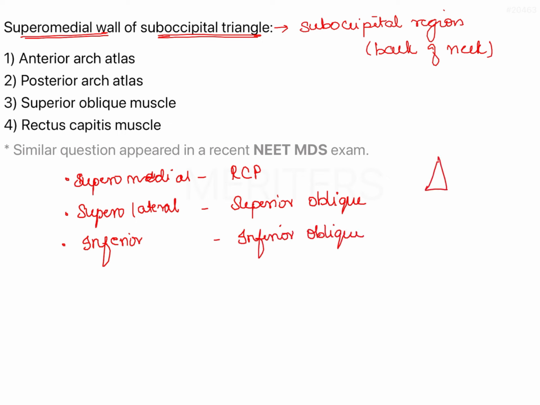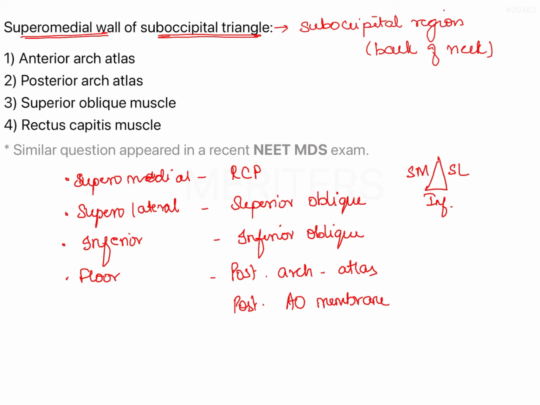Since it is a triangle, you have one superomedial, superolateral and one inferior border, and then comes the floor, formed by posterior arch of atlas as well as the posterior atlanto-occipital membrane.